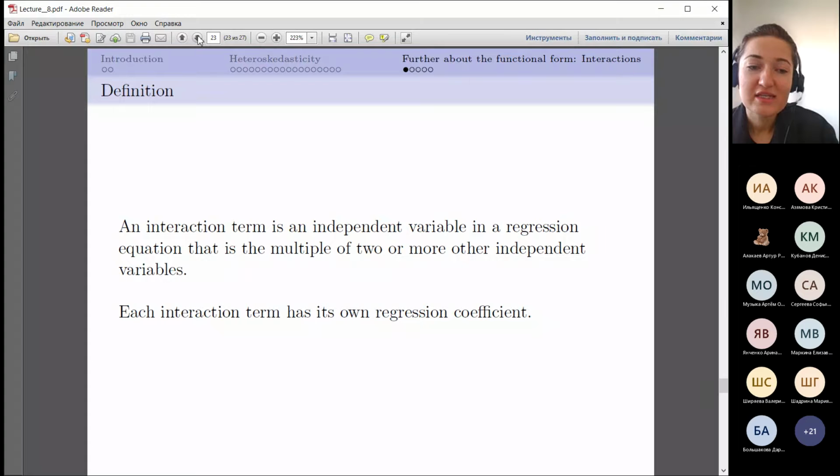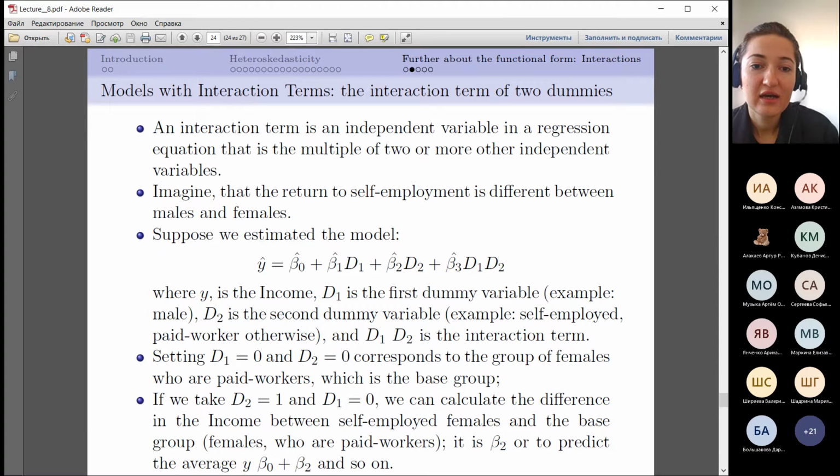In this case, your interaction term has its own regression coefficient, but let's discuss how it looks. Generally speaking, you can face several interaction terms. For example, let's start with the easiest one, where we want to combine two dummy variables.